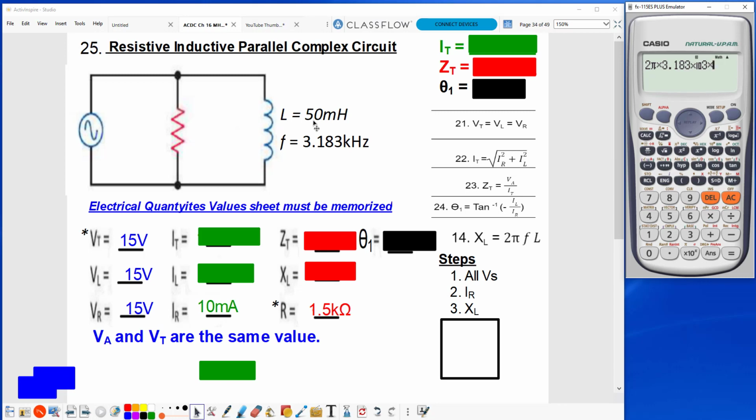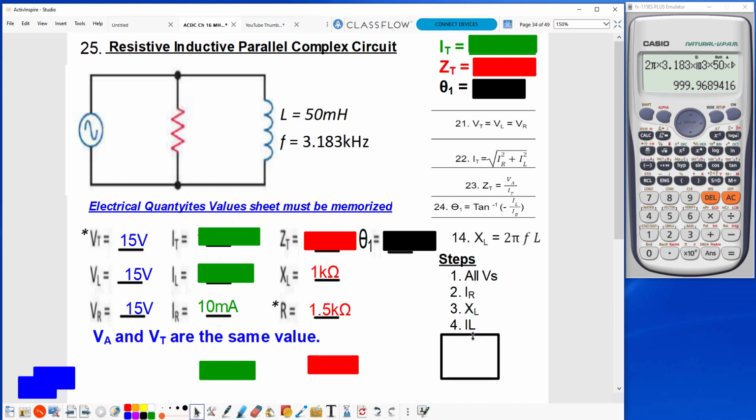It's right here, 50 millihenries. That's what I was given from my Chapter 16 math handout. So I'm going to take that value and punch it in, 50 times 10 to the negative 3, millihenries. And that's going to give me a value of, we're going to round that to 1k for XL.